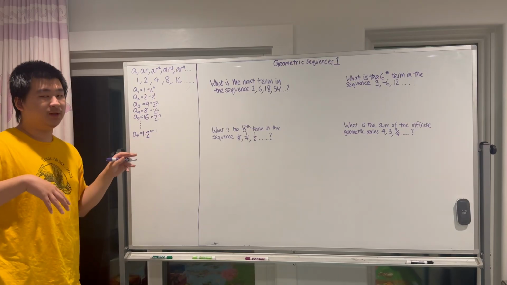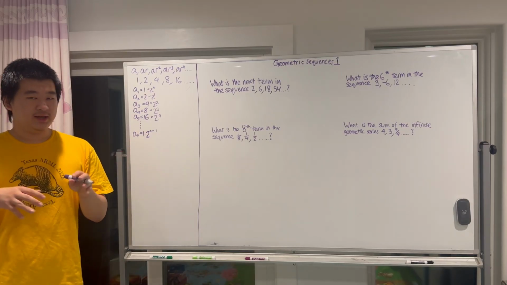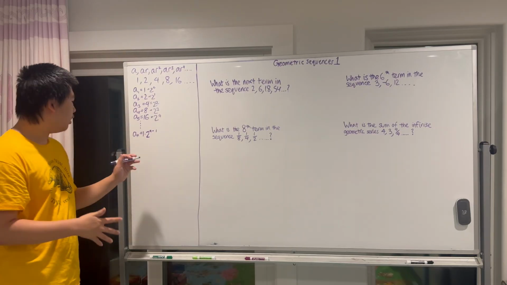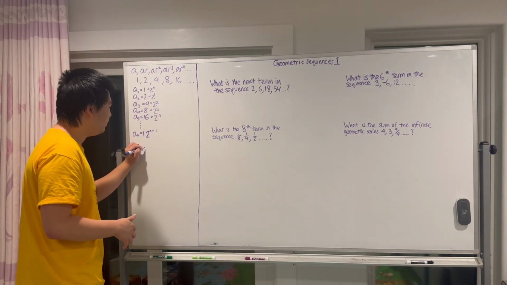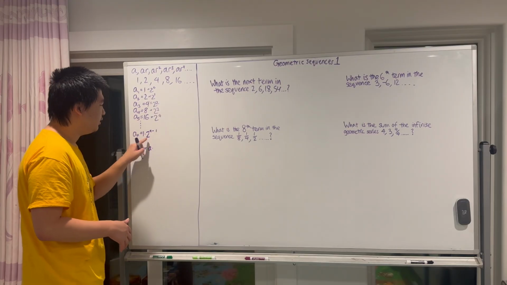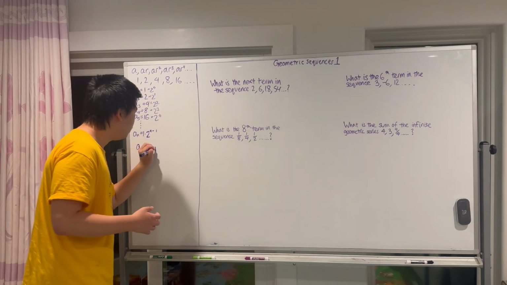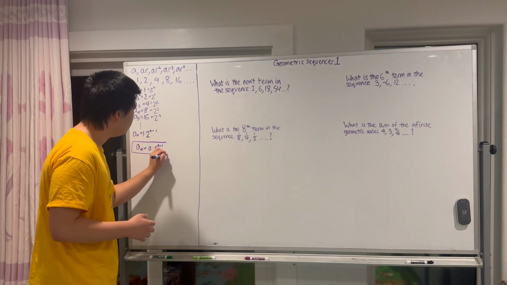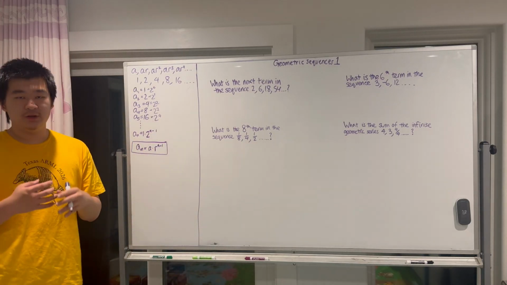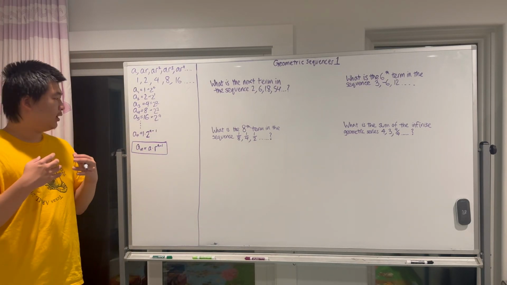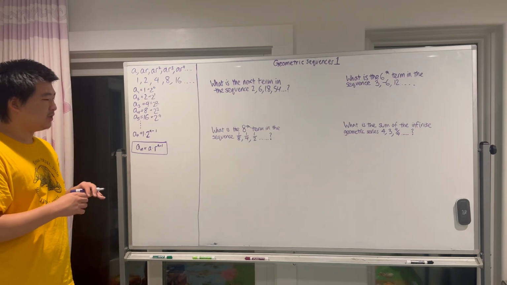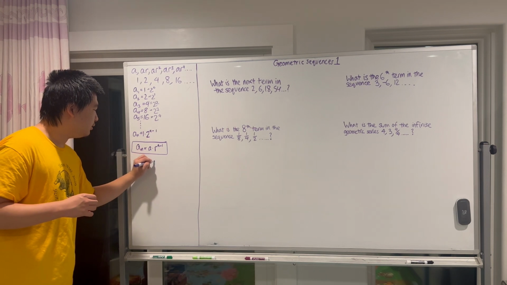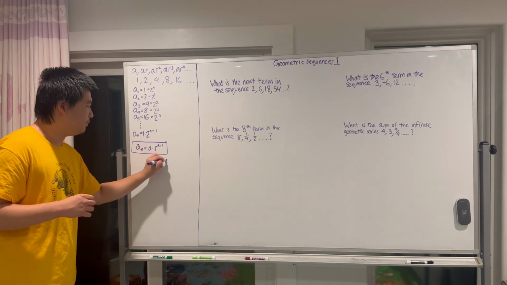So our general formula for any geometric sequence, given a starting number a and a common ratio r, is going to be a sub n equals a times r to the power of n minus 1. And you can see it's actually not too different from what we had within an arithmetic sequence, because in an arithmetic sequence we had a plus d times n minus 1.